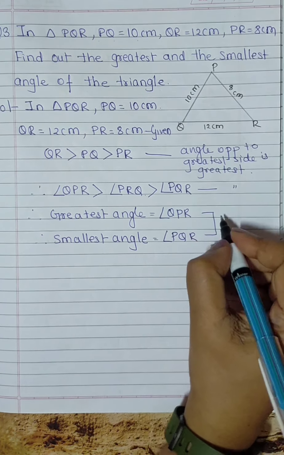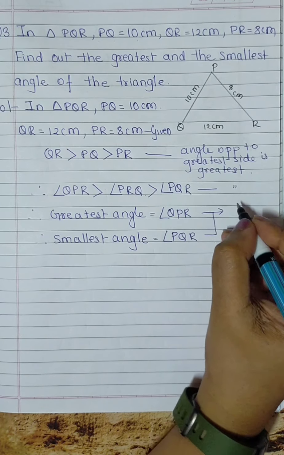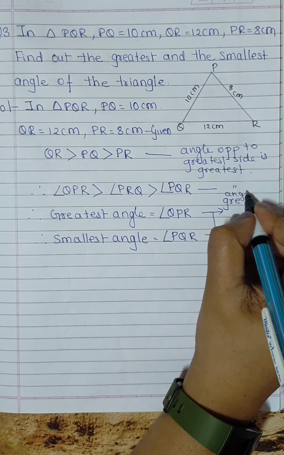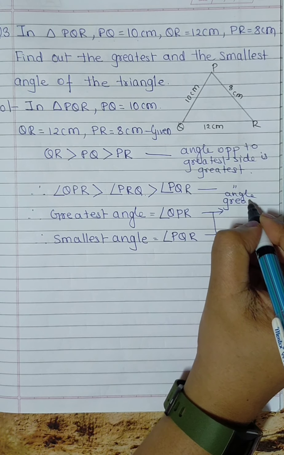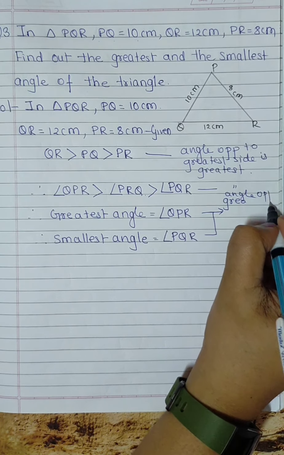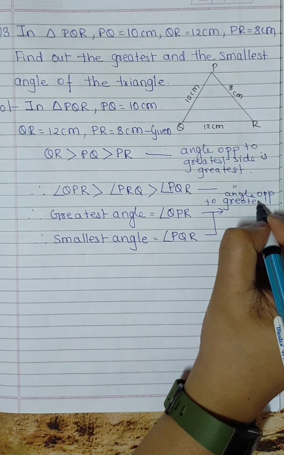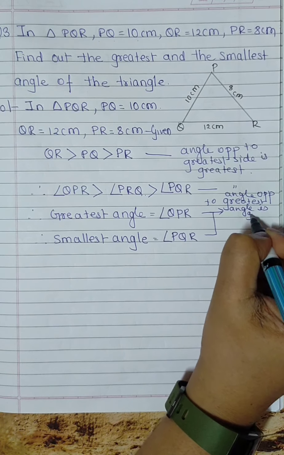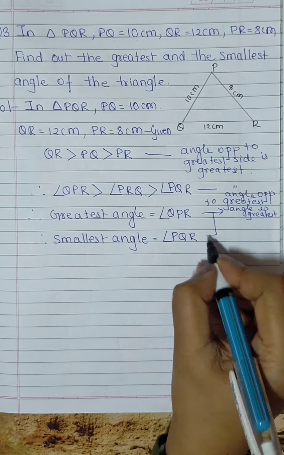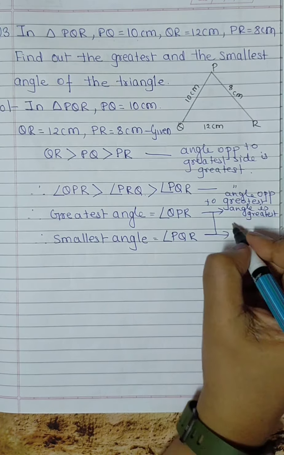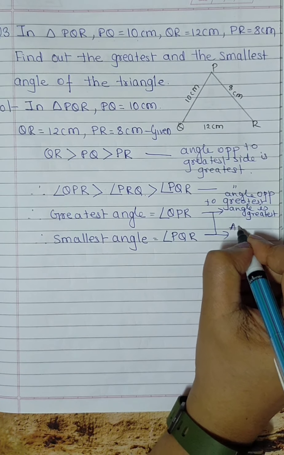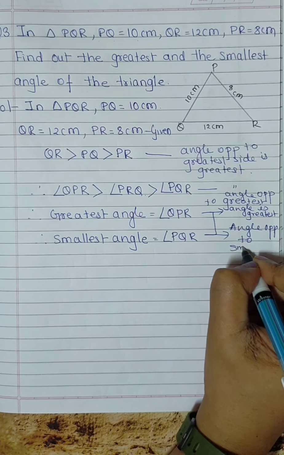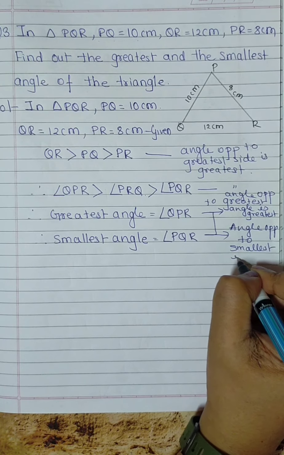The reason will be here: angle opposite to greatest side is greatest, and here the reason will be angle opposite to smallest side is smallest.